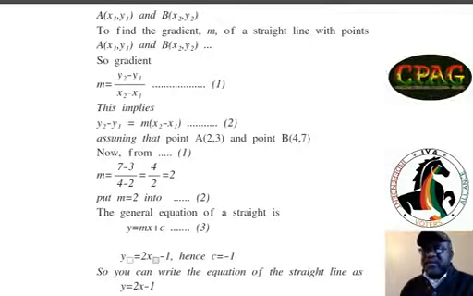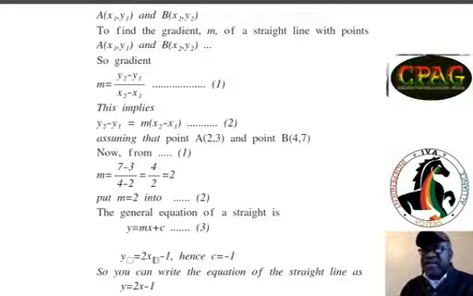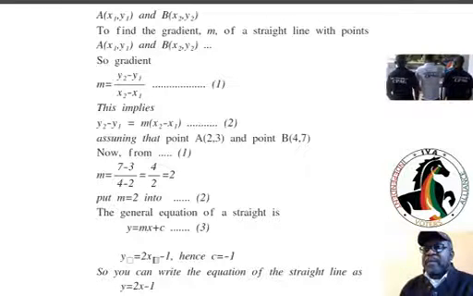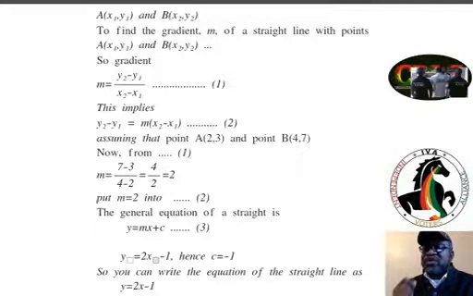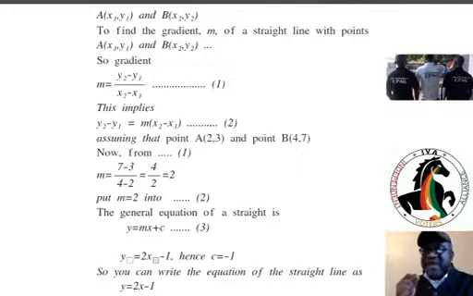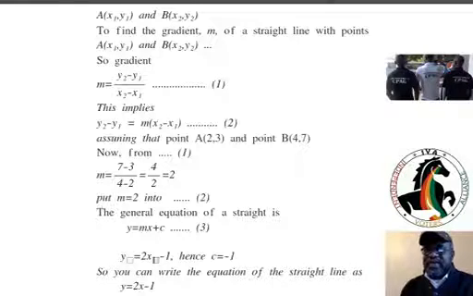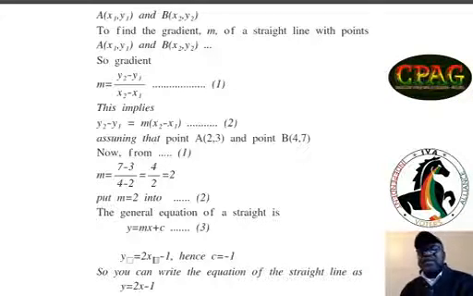Remember that if you are given any coordinates on a straight line in a question and you are asked to find an equation for that straight line, and you have a coordinate where the x value is 0, the y value of that point is the c. Take note.